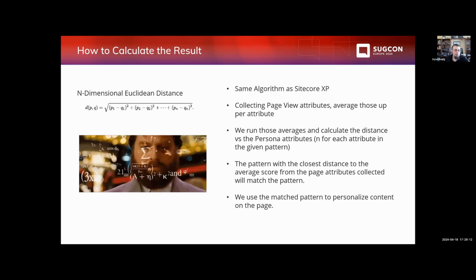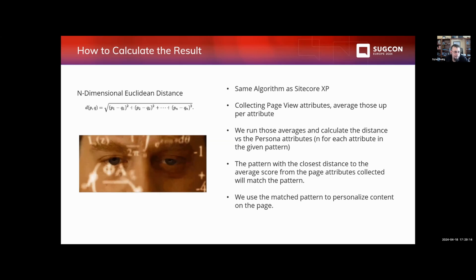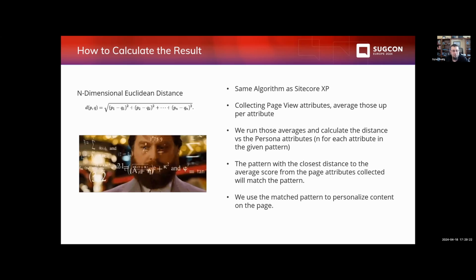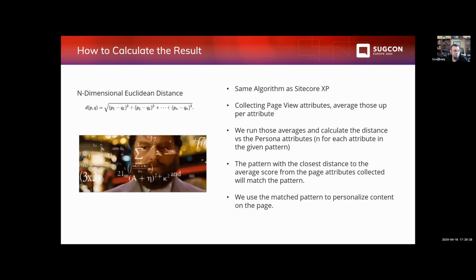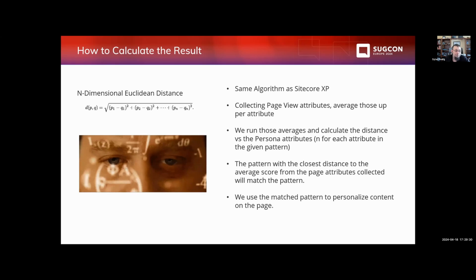Really, this is the secret sauce to how it works. There are some slight differences between my way of doing this calculation and how XP was built. XP is using .NET. What I have is a JavaScript representation of that same algorithm.